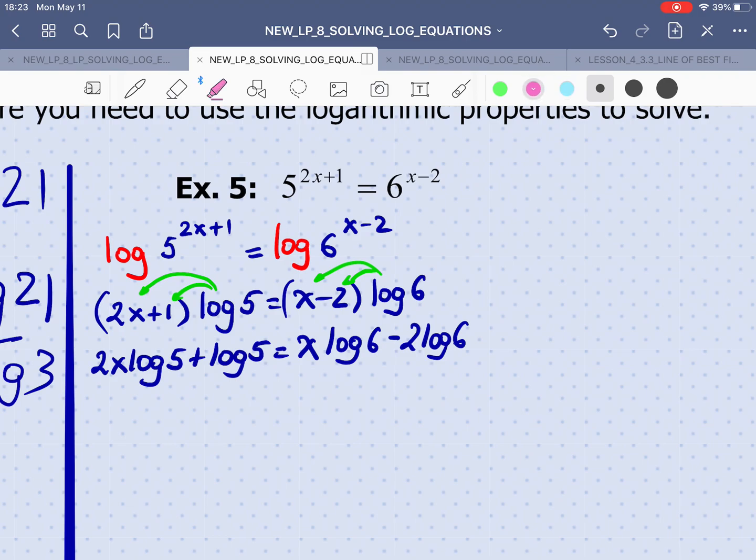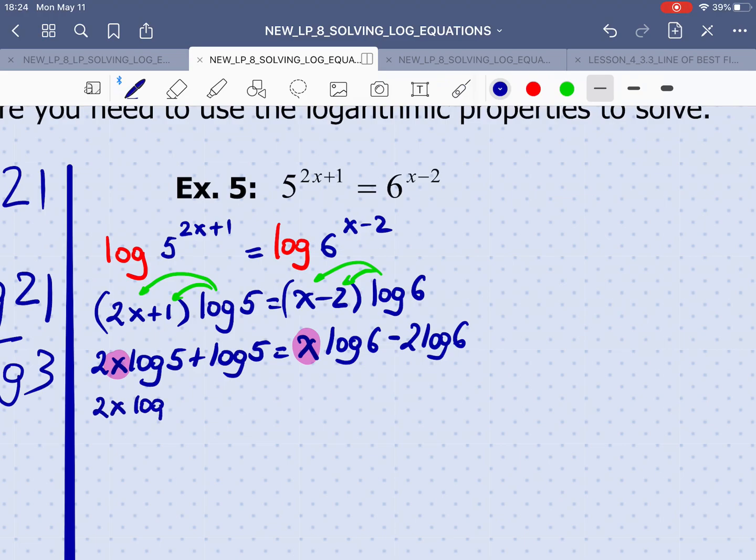Next thing we want to do is spot where our variable is. So our variable is x, so it's here and it's here. So our variable goes with these two terms right here. So we'll group these two terms to the left side of the equation and take log 5 to the right side.